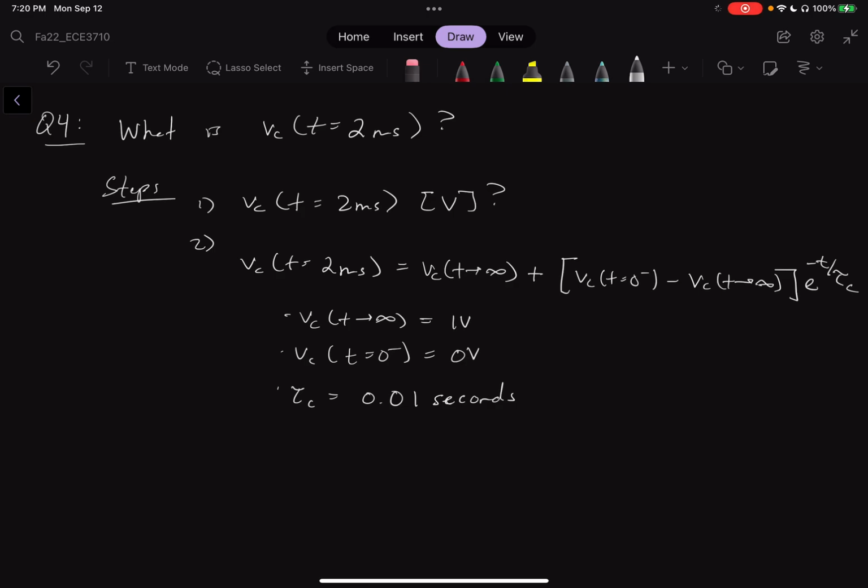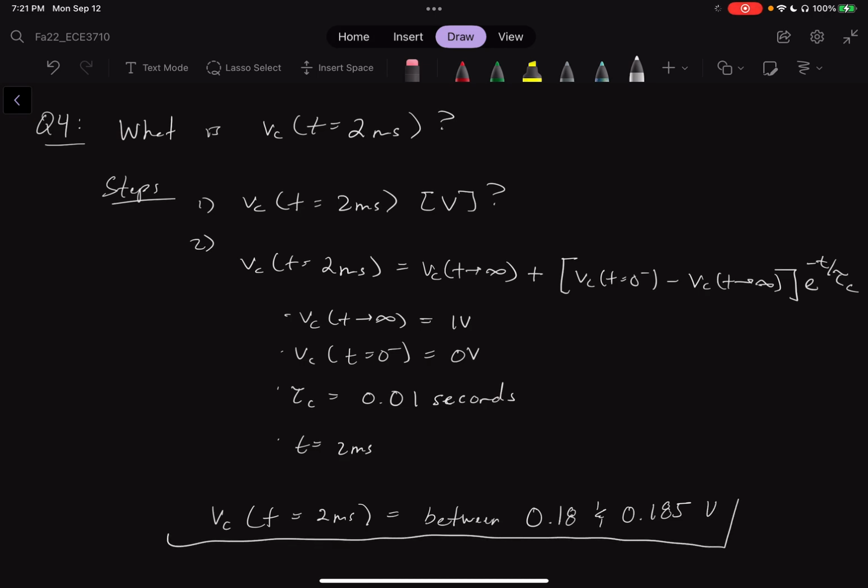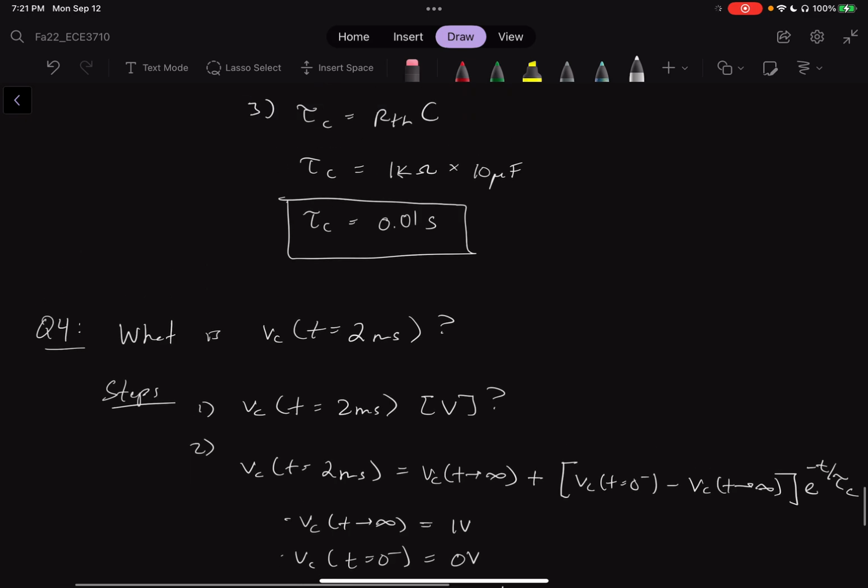Using these three numbers in this equation and using t equal to 2 milliseconds, you will get that VC at 2 milliseconds is between 0.18 and 0.185, depending on people and their significant digits. Units of volts. There you go.